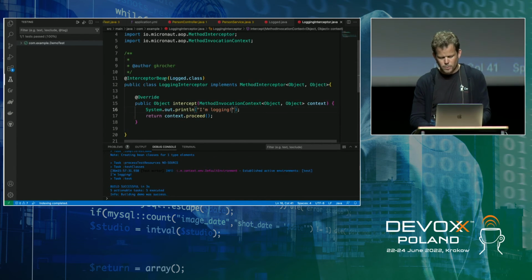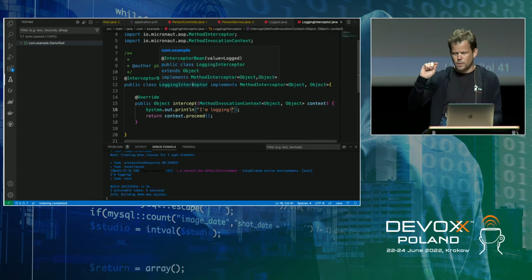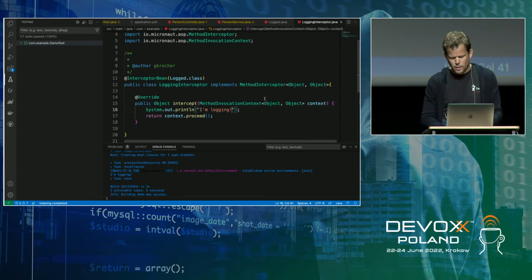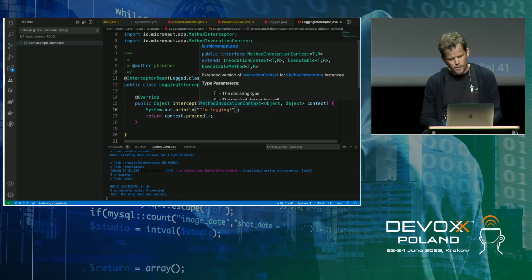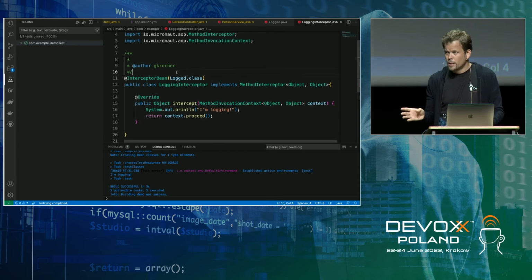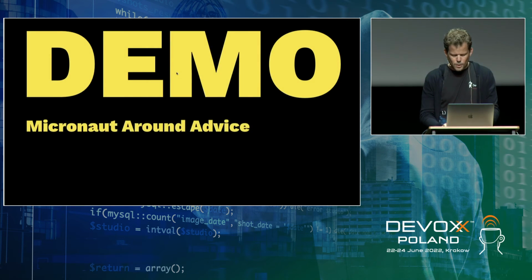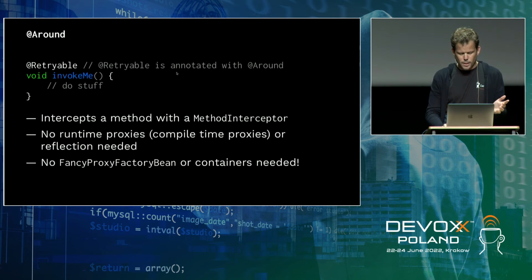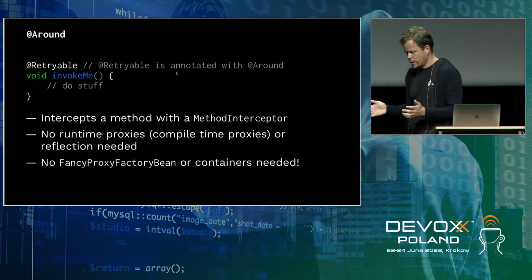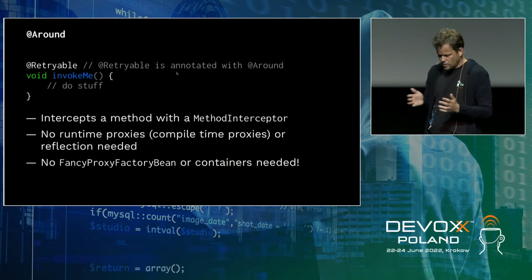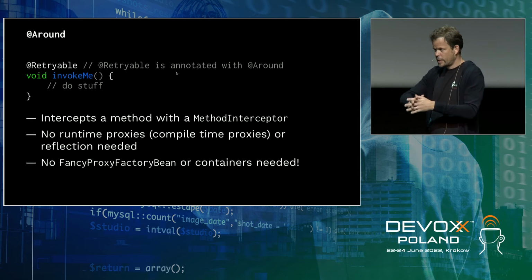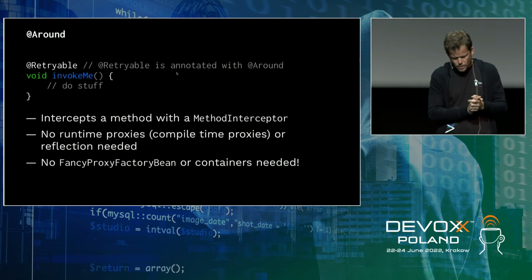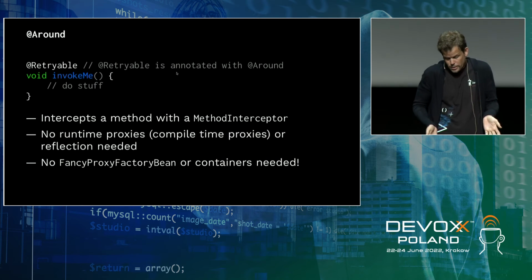You can have multiple interceptors that listen to one annotation, and you can order them, and it's pretty simple. That's what's cool about it. It's all compilation time based. There are no runtime proxies generated that produce huge stack traces. You just implement a method interceptor.